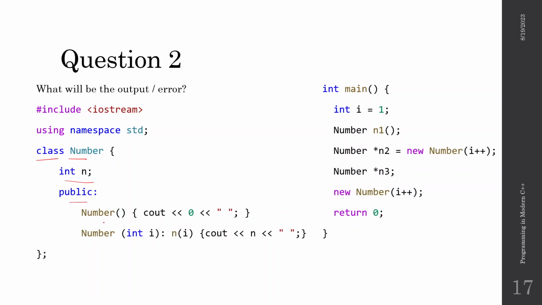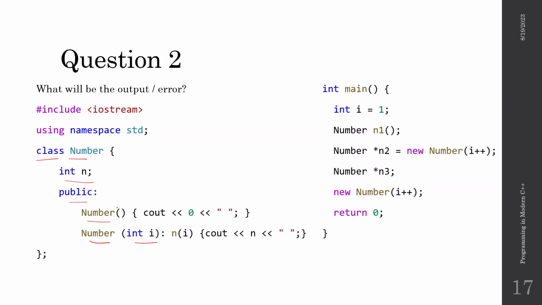The public function is the constructor. We have a default constructor, which means that it accepts no arguments, so by default this constructor will be called. And then we have a constructor which accepts an argument I.